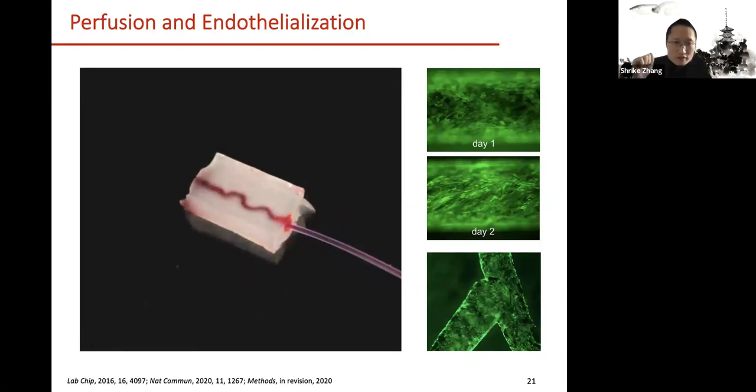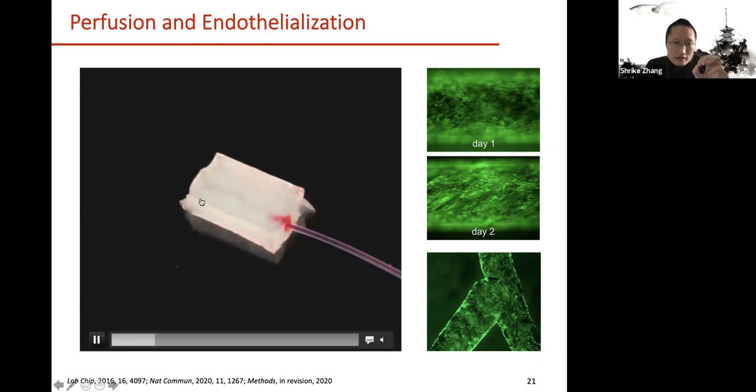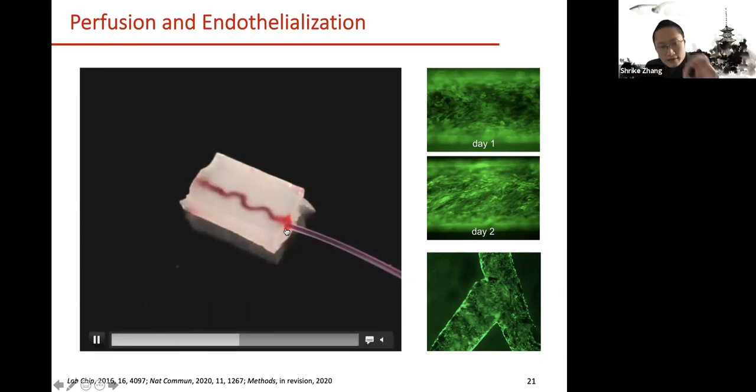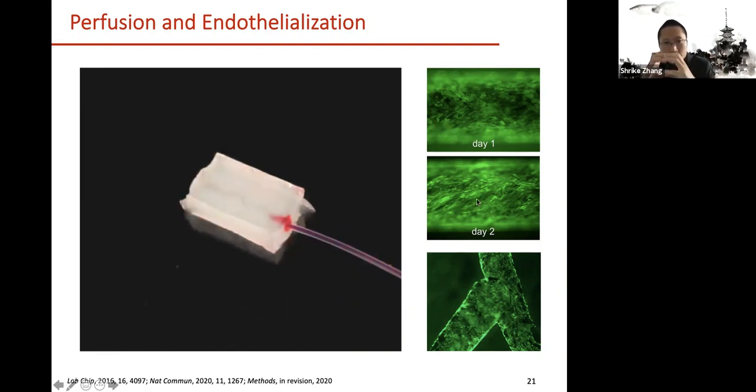So then you can also seed relevant cell types on these channel walls to make them biologically functional as well, right? So these are, for example, endothelial cells you find in the lining of the vessels, and basically you can line these printed channels with endothelial cells, and they can grow into a confluent layer, just like what you have in the human system, right? So you can also do this for branching channels as well.